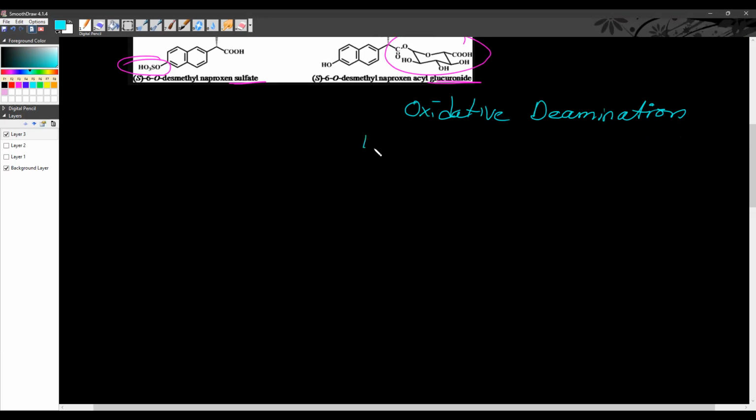All right. Oxidative deamination. What we are talking about here is the removal of a primary amine into an aldehyde.